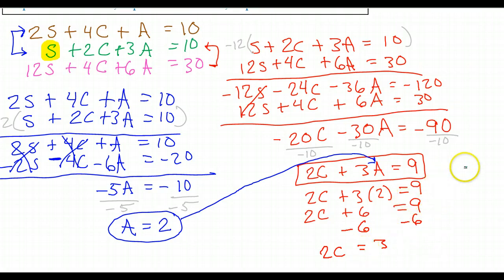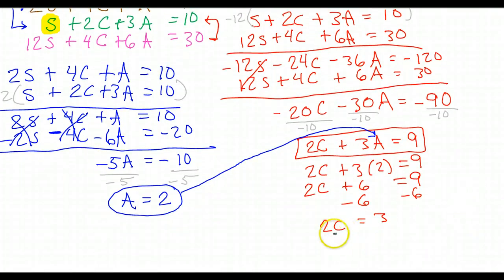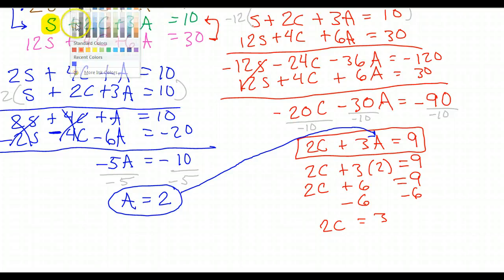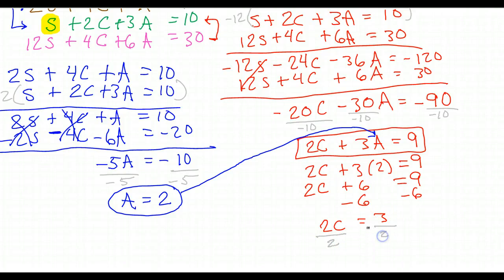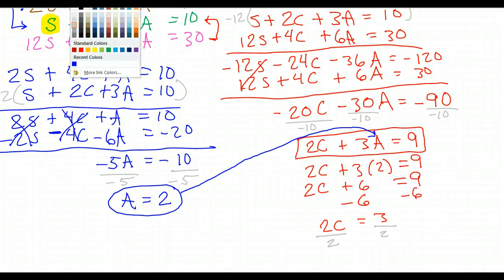Okay, and if I divide both sides by 2, then I'm going to have 3 over 2, which as a decimal is 1.5.